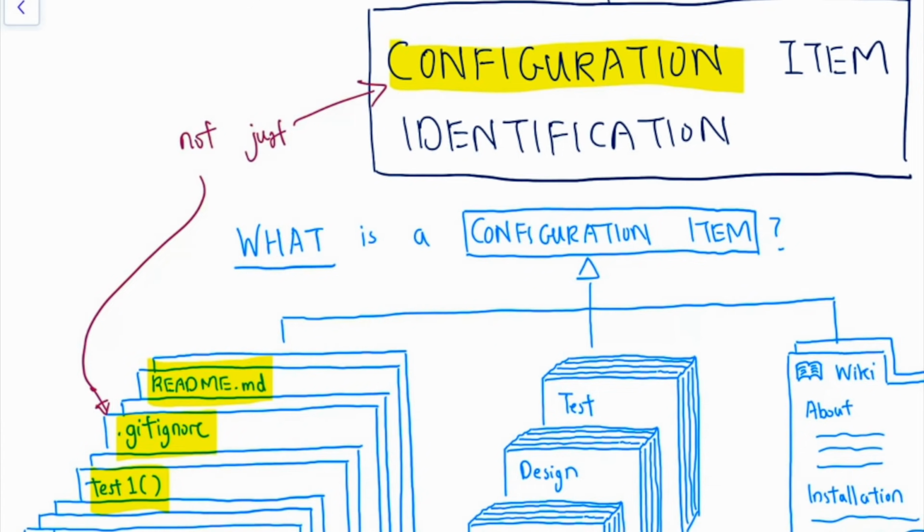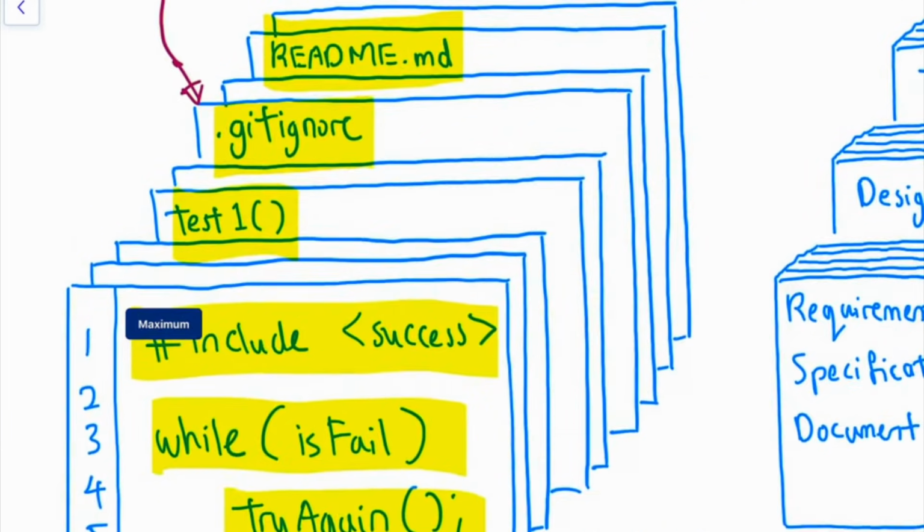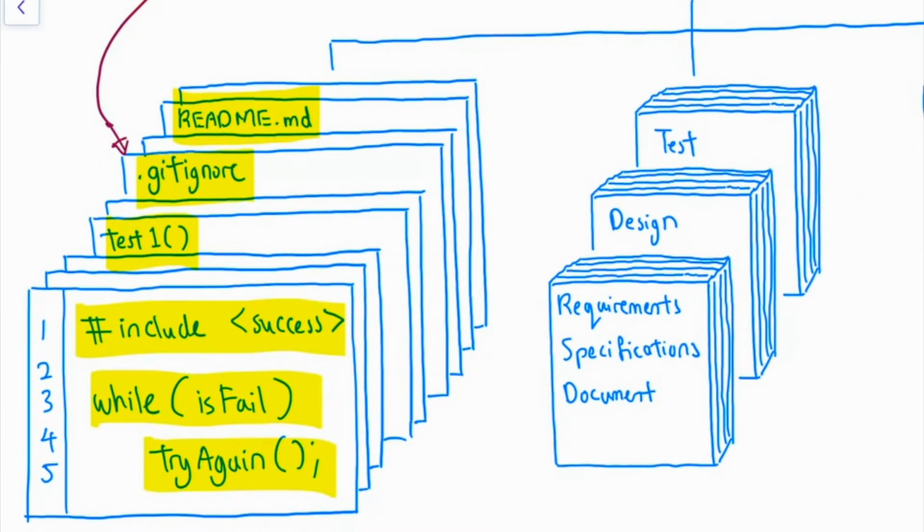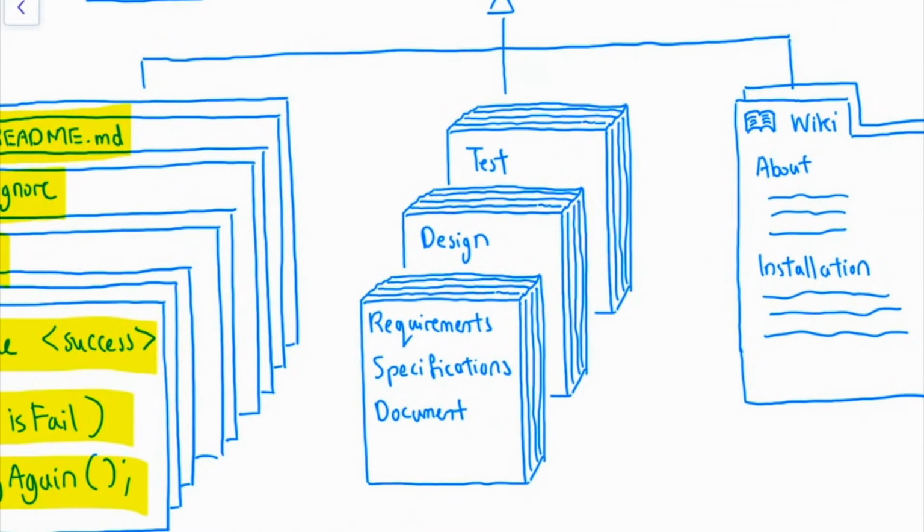This term configuration item actually encompasses all these things over here, including all the things that we just mentioned, as well as the documents that we have churned out as artifacts of all the phases that we have done. For example, requirements, design, and tests, as you should be very familiar with by now.